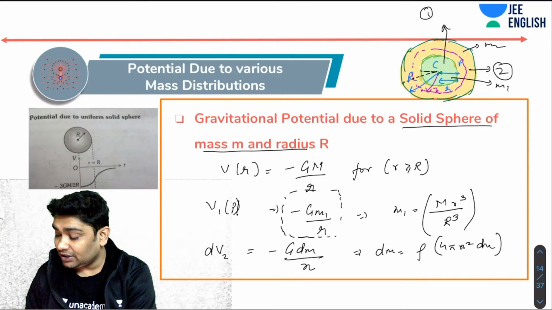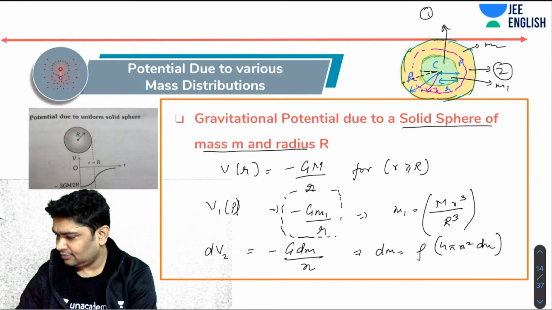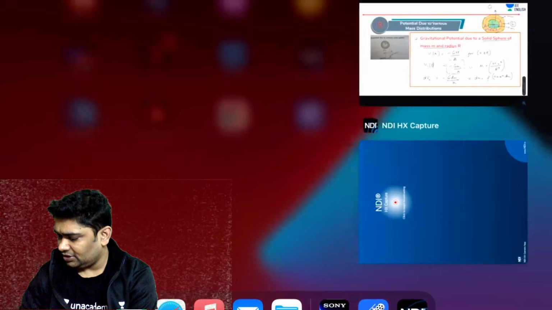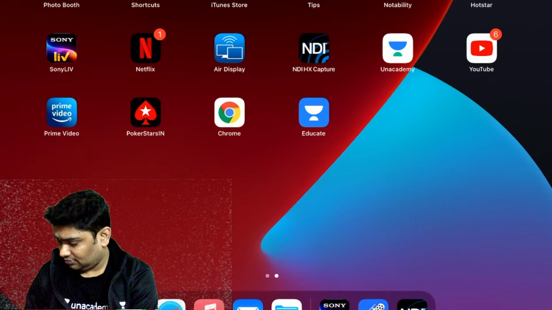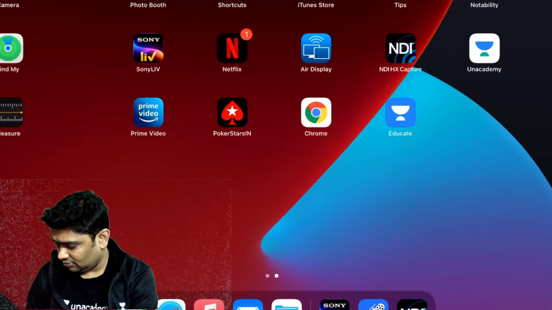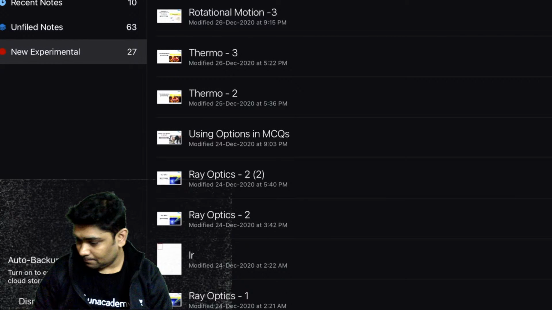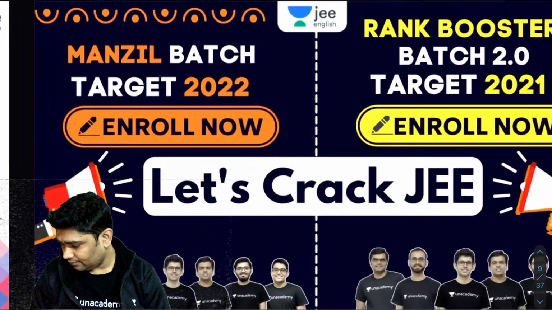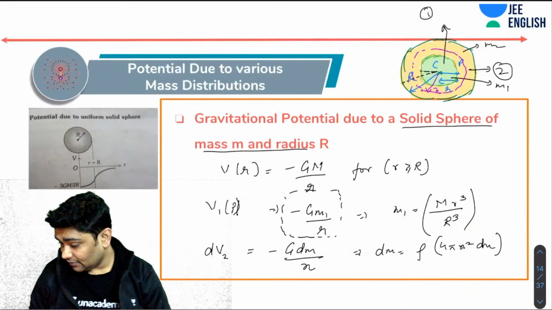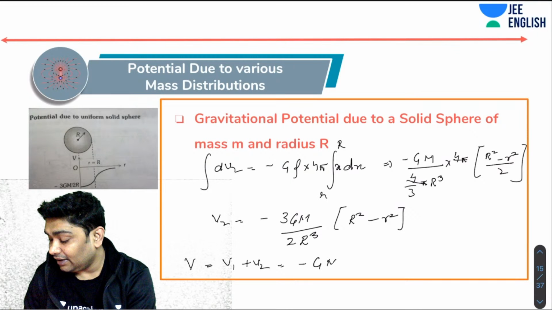It will be minus G capital M, and then I would have had R square over R cube.